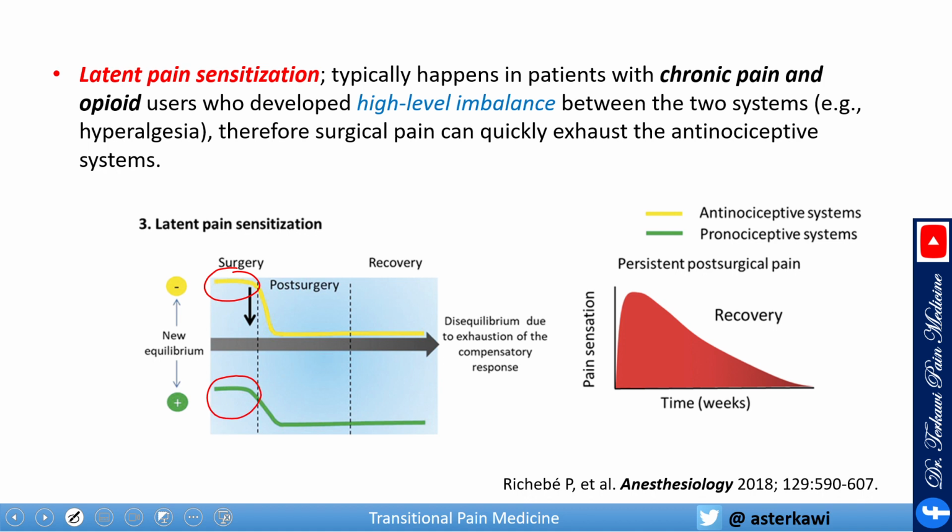When the surgery comes and stimulates the pro-nociceptive system, we already have an imbalance and an exhausted anti-nociceptive system. This is why you have a hard time getting this patient to equilibrium between the two systems, and again you end up with prolonged recovery and chronic pain.